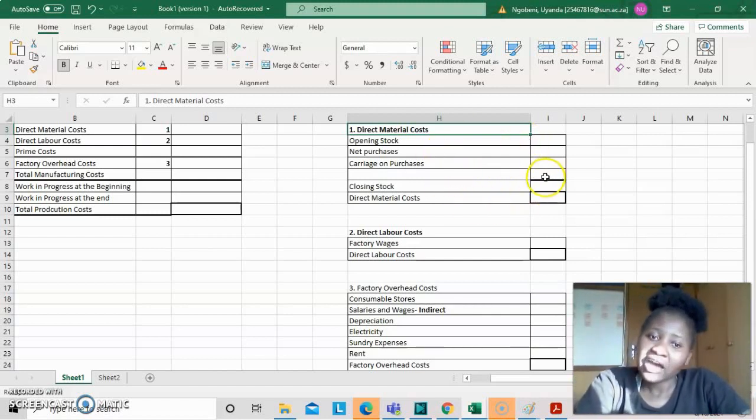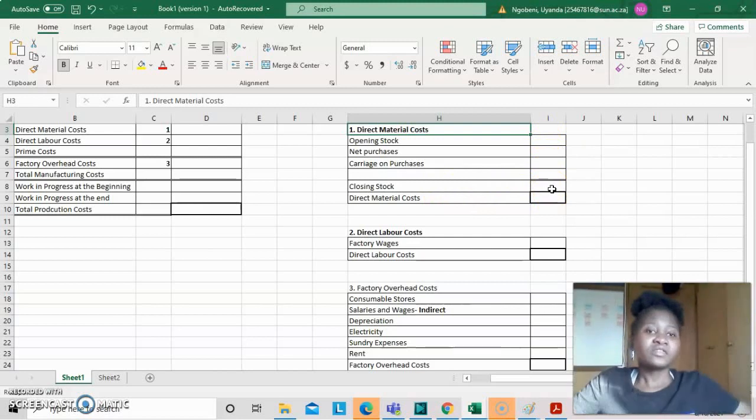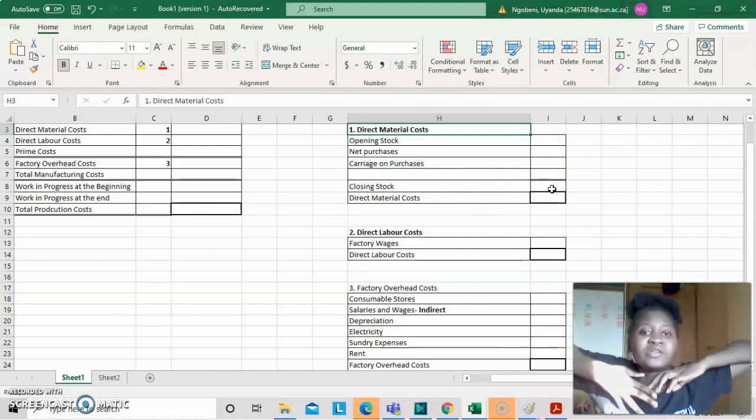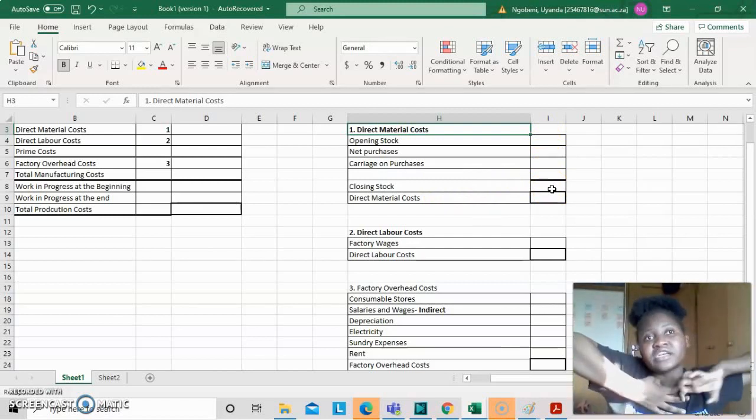And then after doing that, don't forget we add all of this and then we have the total here. And then we always minus the closing stock, because out of the stock that we have in the business, this amount has not been used.